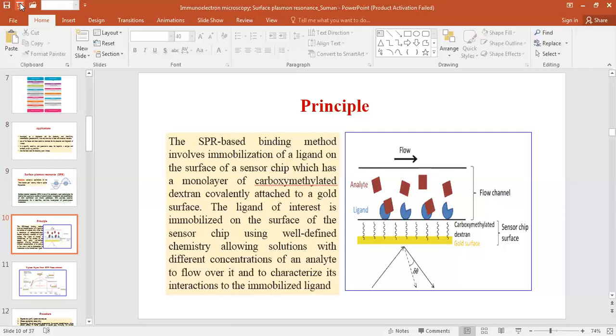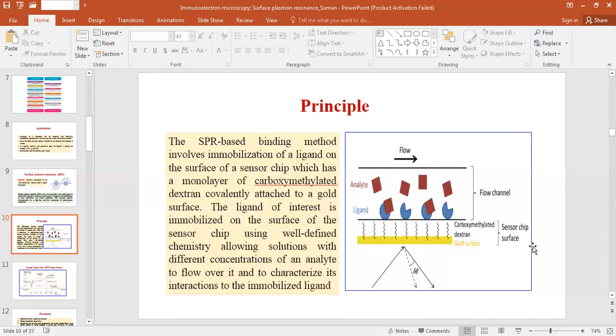So here you can see this is the gold surface, and over the gold surface a monolayer of carboxymethylated dextran is present, and this as a whole functions as a sensor chip, and over that the ligands are attached, and the analyte flows over it. So there may be interaction between the ligand and the analyte, and in this direction is the flow of analyte.